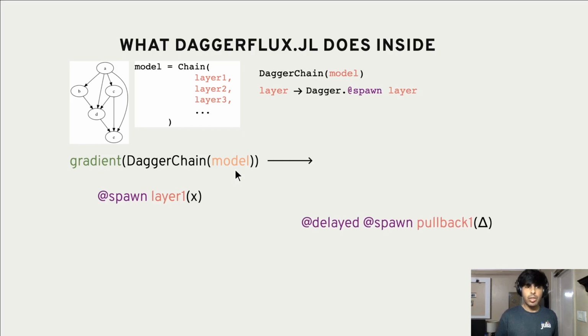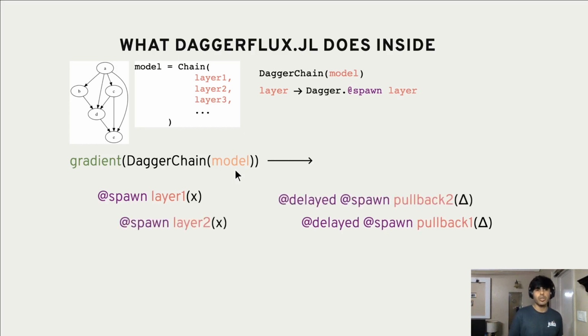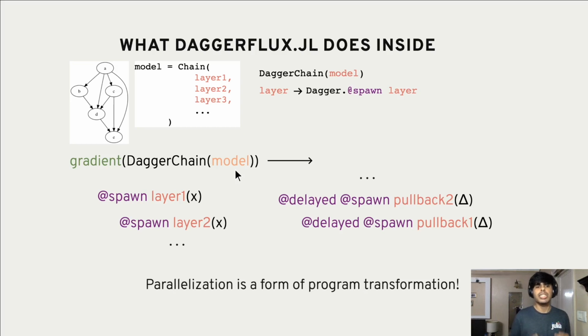What we expect to happen is when we introduce our next layer, it's basically going to construct two separate graphs, one for the primal, the other for the pullback, and we compose them in completely different manners. Ultimately, this means that parallelization is basically just another form of program transformation. In Flux, especially with Zygote, we're very heavily inspired by compiler program transformation problems, and this is no different.